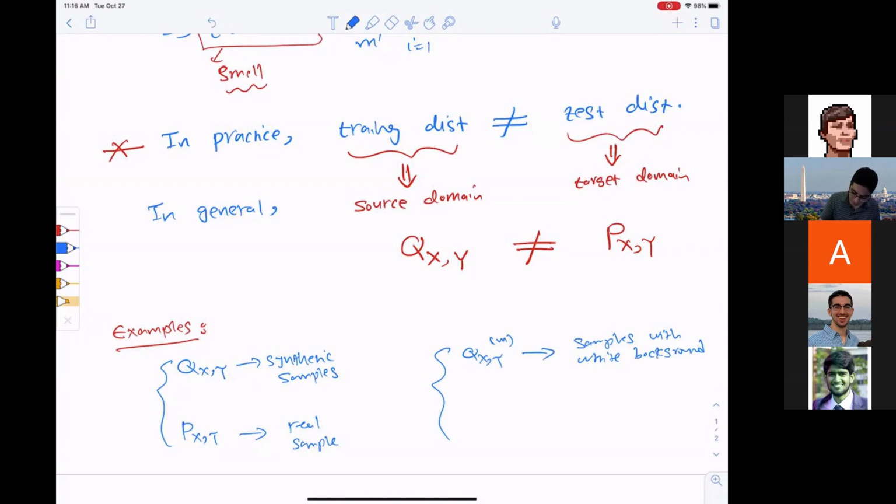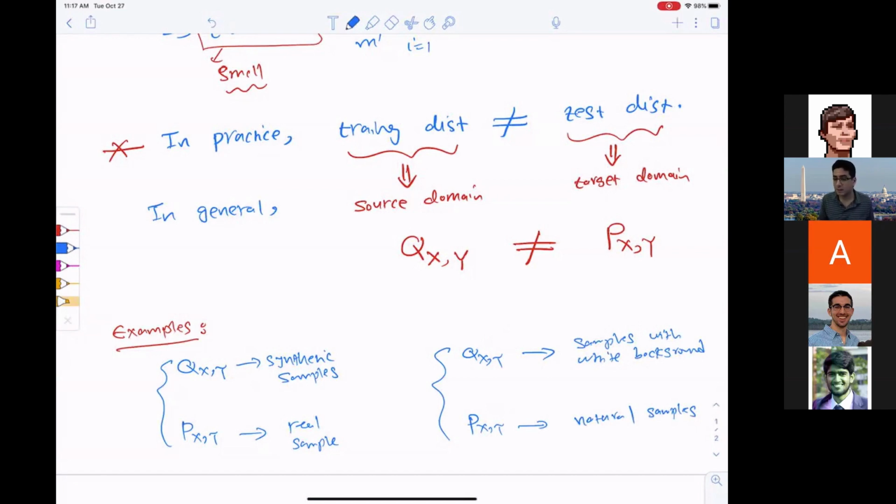But if you do that and then you apply your model in real applications, you'll need to evaluate the performance on some natural samples with various different backgrounds that may happen.